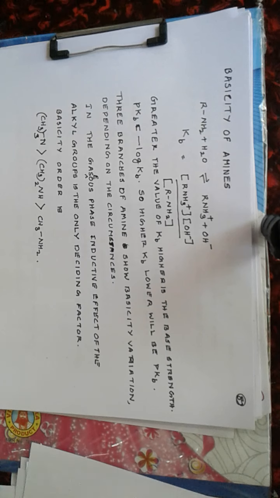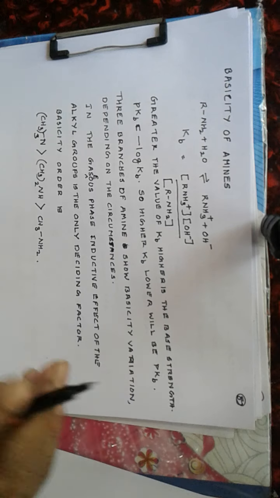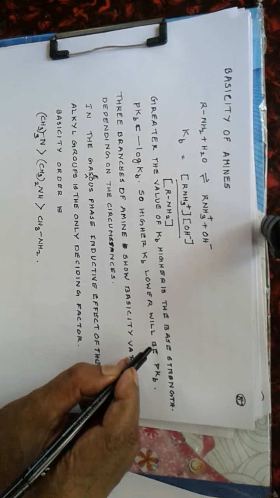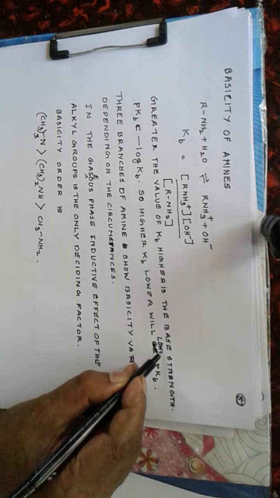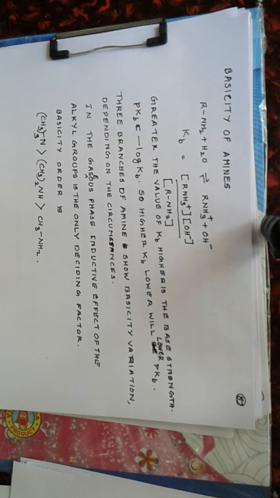Now there is a parameter called pKb, that is minus log Kb, so that it is log 1 by Kb. So as Kb increases, pKb decreases, so a higher value of Kb will lower the value of pKb.